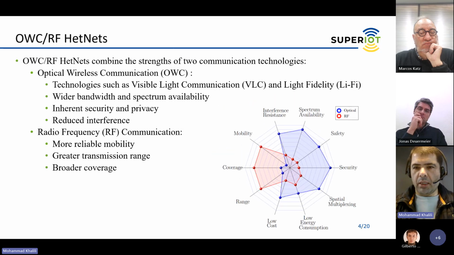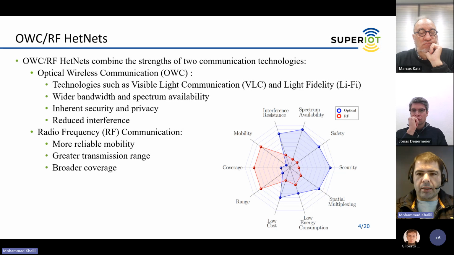When we compare these two technologies, we see that if we combine or integrate these two technologies, we can reach good results, might be.